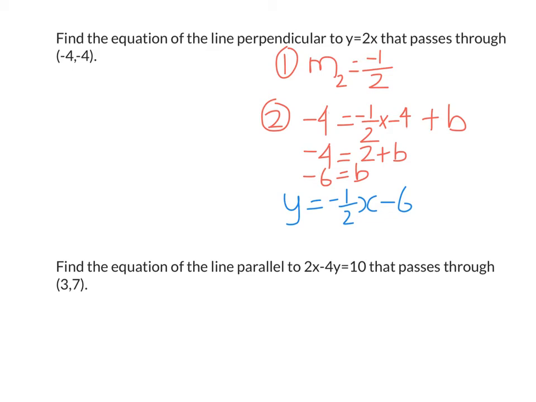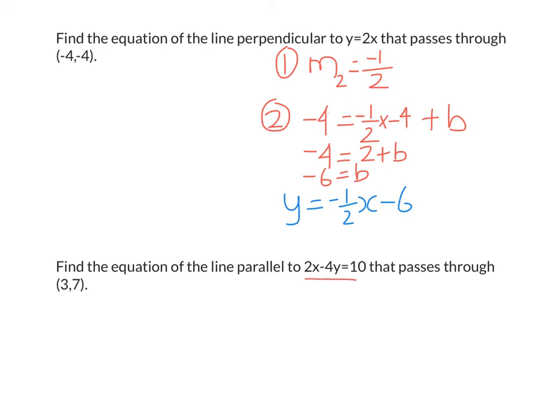Okay, we're done. Let's look at this second question here. Find the equation of the line parallel to 2x minus 4y equals 10 that passes through the point 3, 7. Any line parallel to this line will have the same gradient. The gradient of this line isn't the number in front of x, because it's not in the form y equals something. So to find the gradient, I have to rearrange this equation.